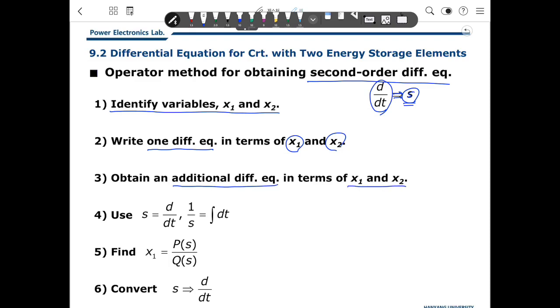Right? This is the same. Then use the Laplace operator. The differential is s and the integral is 1 over s. Then change the two equations with those variables x1, x2 based on s. Then last, we convert the s back to the derivative operators. Then we can get the second order differential equation.